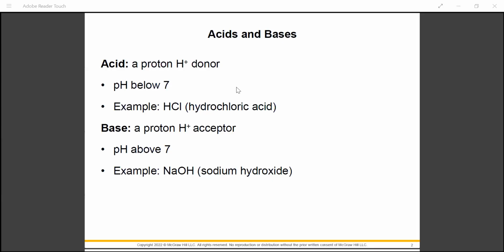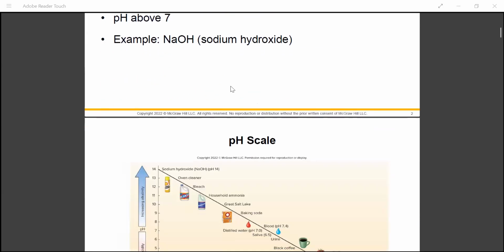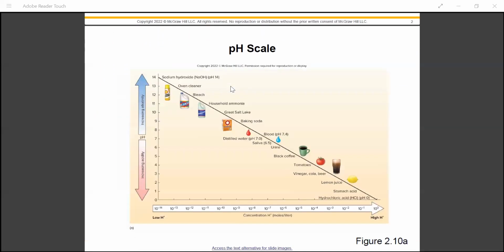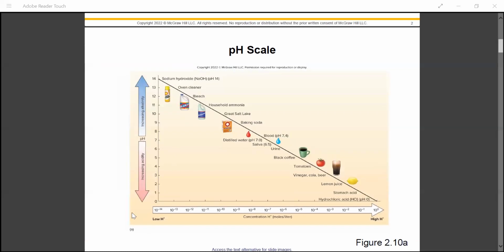Exactly 7 is pure water. It's not acidic or basic. Anything below 7 is going to be acidic. Anything above 7 is going to be basic. So our scale goes from 0 to 14. So don't worry too much about the concentration here.